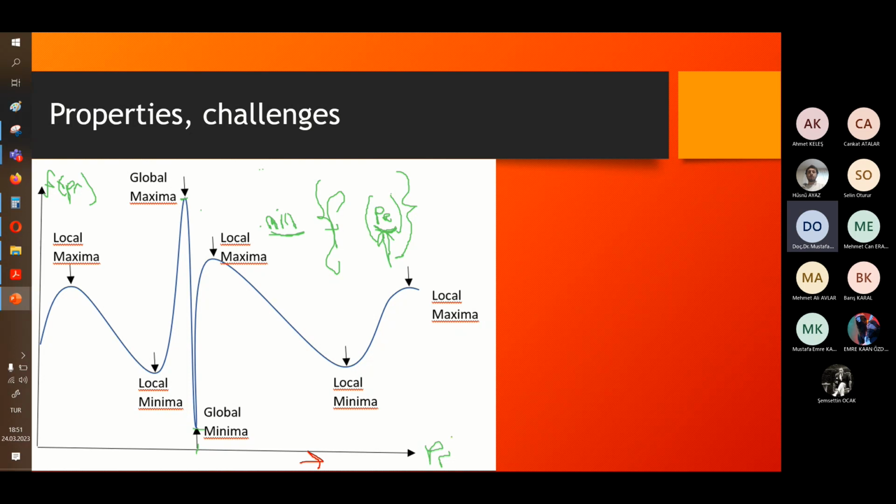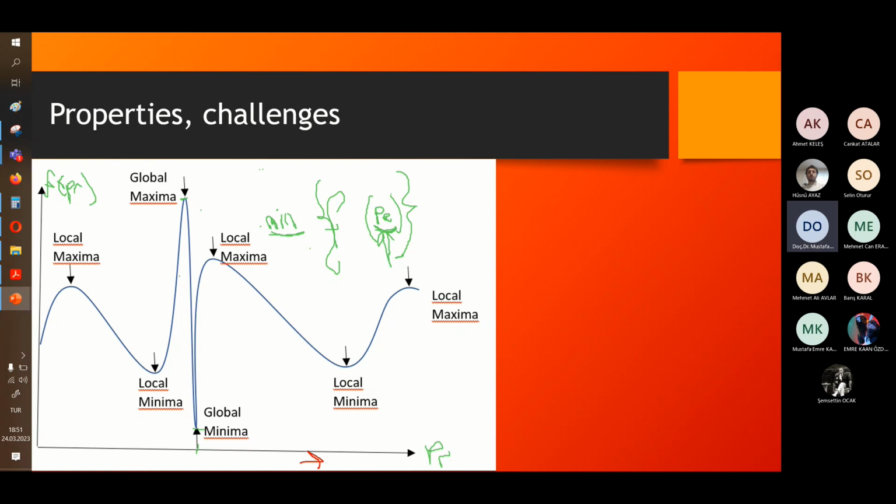This problem has only one dependent parameter, and it is easy to draw such a function if you know the function. But in some cases, the problem may have more than one dependent parameter, okay?